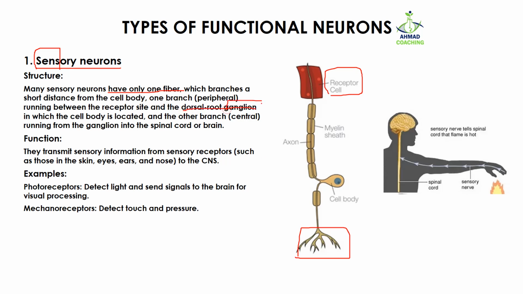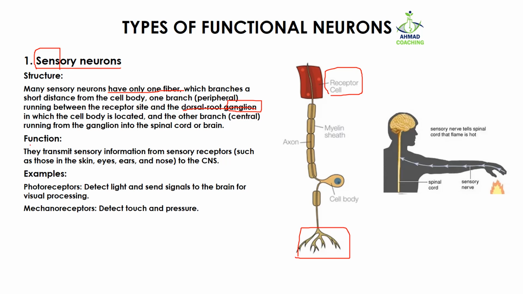Ganglion means a cluster of neurons, a place where so many neurons are present that they make a cluster, and that cluster is present in the dorsal root. Dorsal root means the dorsal side of the spinal nerve. So the cell bodies are present in the dorsal root ganglion. From the dorsal root ganglion, they extend their axon towards the receptors, and the other branch goes towards the spinal cord.